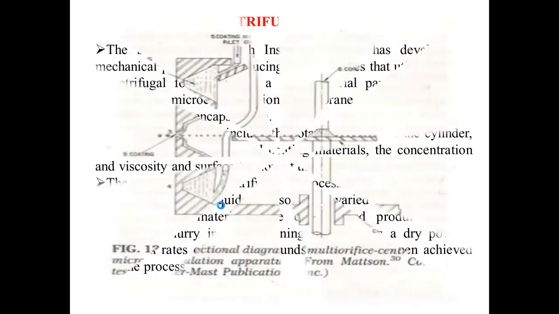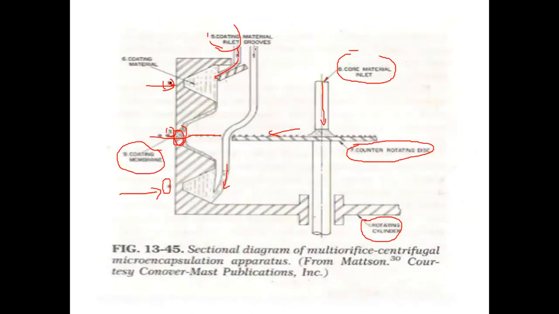So this is the simplest process, where there is one cylinder containing different grooves, and those grooves contain the coating solutions which come from these two inlets for the coating. One rotating cylinder is there.